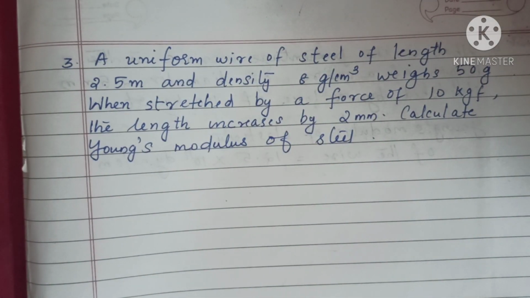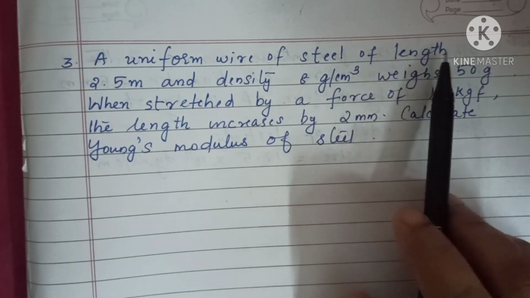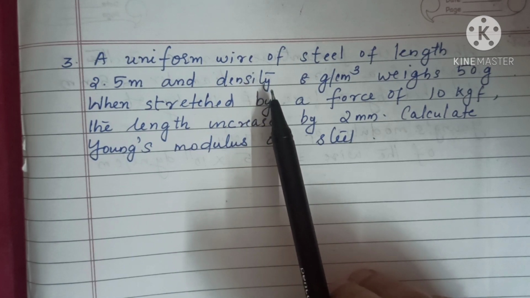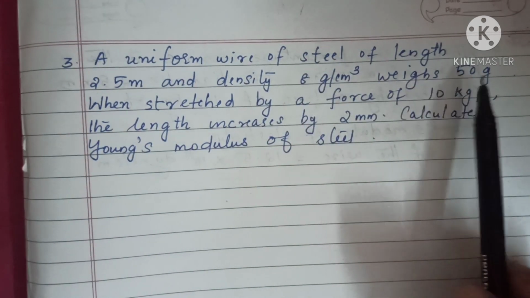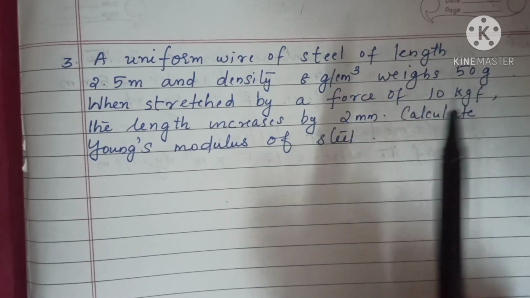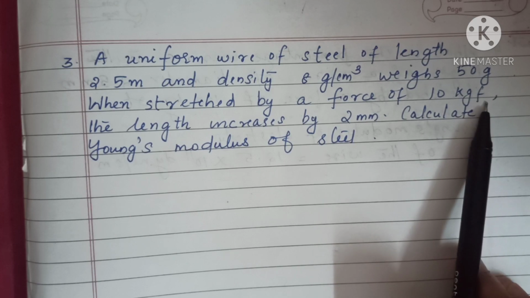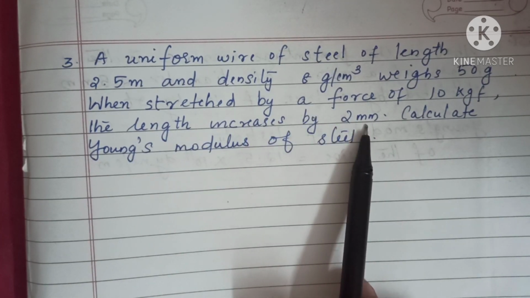So our third question is, a uniform wire of steel of length 2.5 meter and density 8 gram per centimeter cube weighs 50 gram. When stretched by a force of 10 kilogram force, the length increases by 2 millimeter.